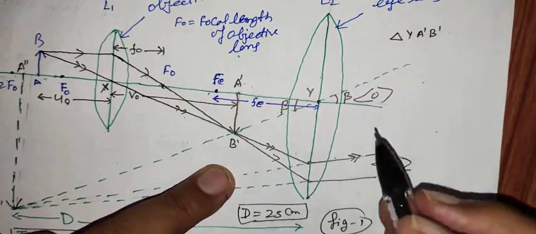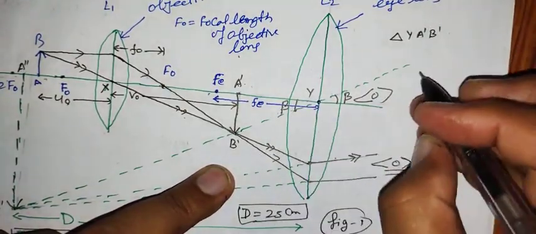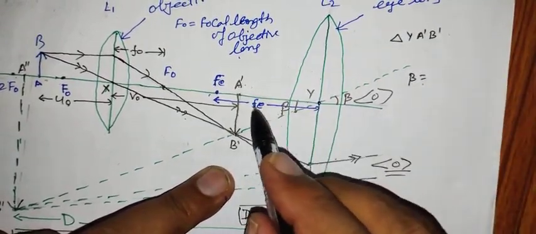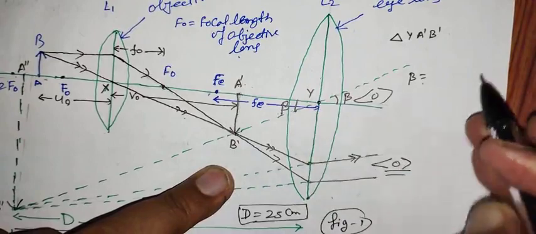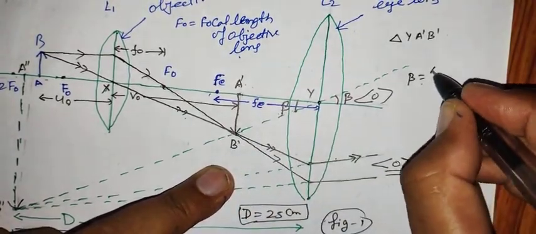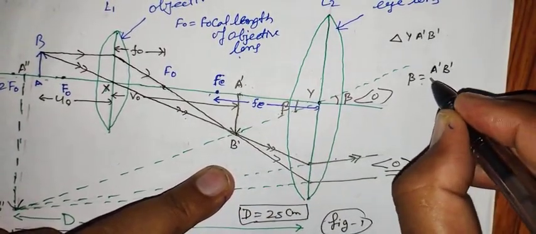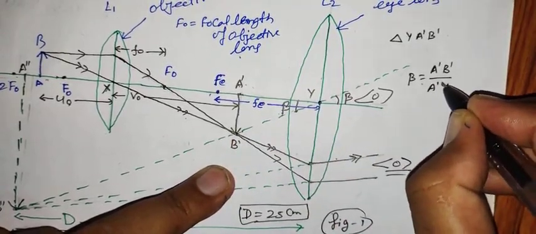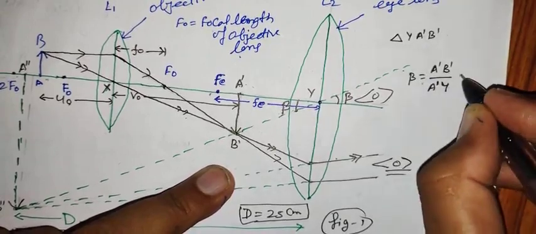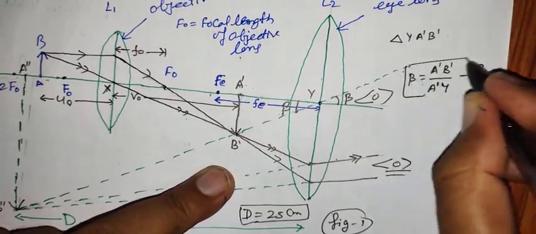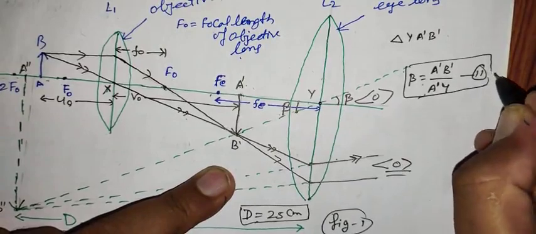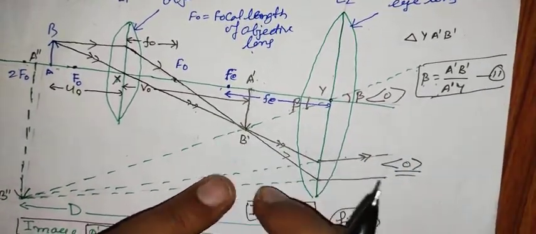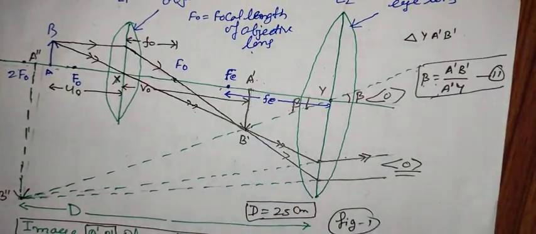Here tan beta is perpendicular by base. The perpendicular is A dash B dash, and the base is A dash Y. Represent this as equation number 2, from figure 1.